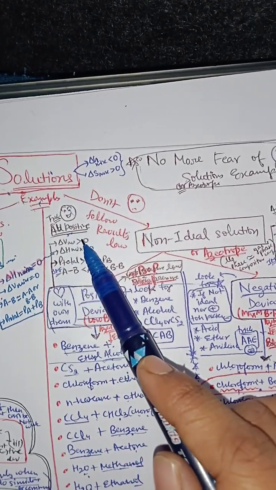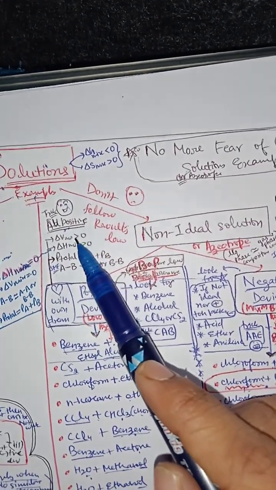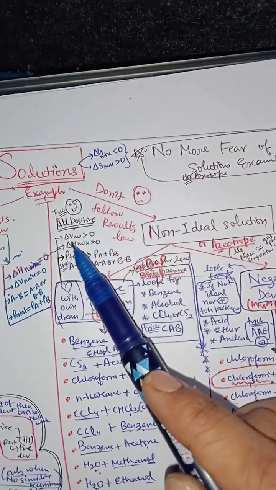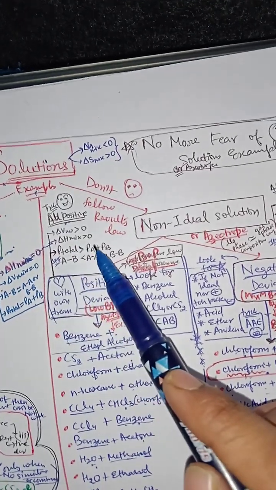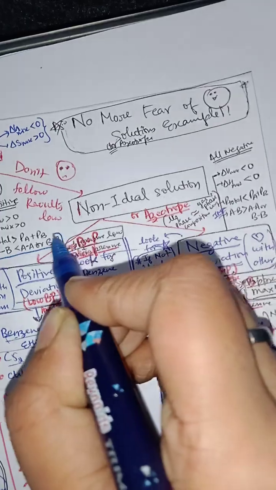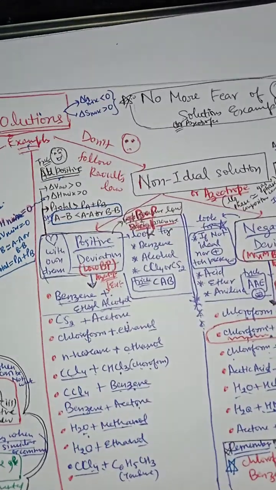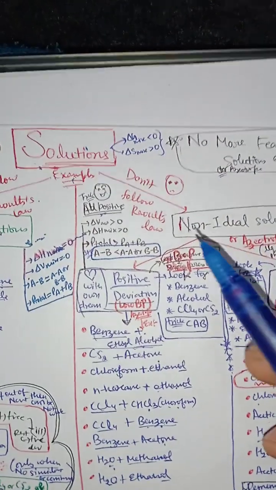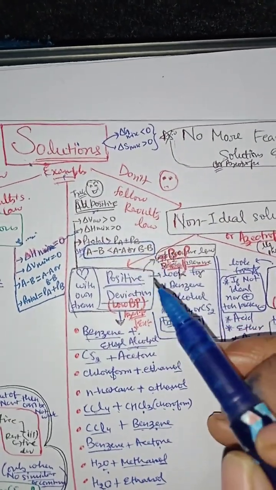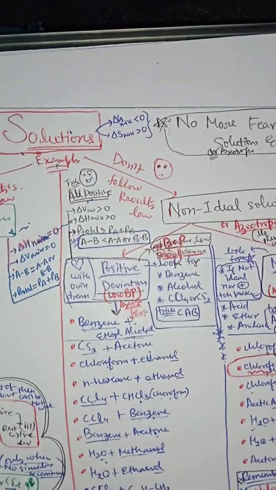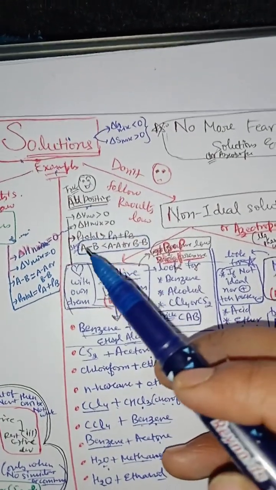Delta V mix will be non-zero, meaning positive. Delta H mix will be positive. P total will be more than PA plus PB. And the most important thing here: the intermolecular forces between AB will be lesser than AA or BB. Meaning the intermolecular forces between the individual components will be more than between the different ones.